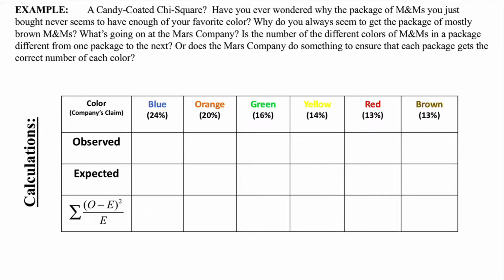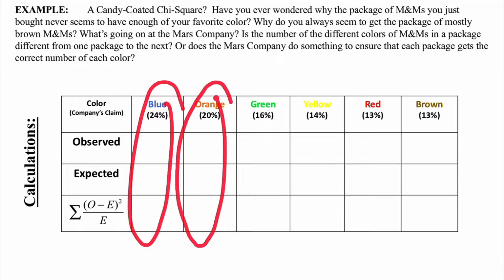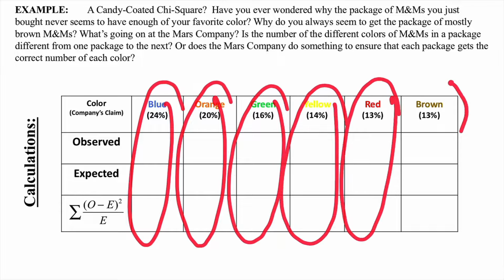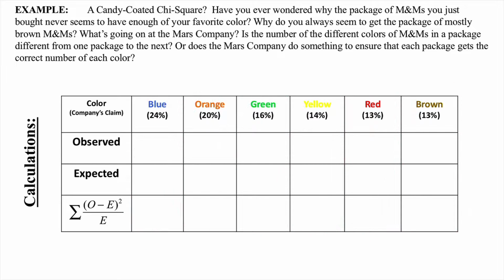If we were to use chapter 9, we would have to do one test, two tests, three tests, four tests, five tests, six tests. We'd have to do 6 different tests if we were to use chapter 9 skills. We'd test blue first, then do another test. How many pages of tests do you think we'd have? Pretty thick, right? Chi-squared says, no, you can do it all in one test.